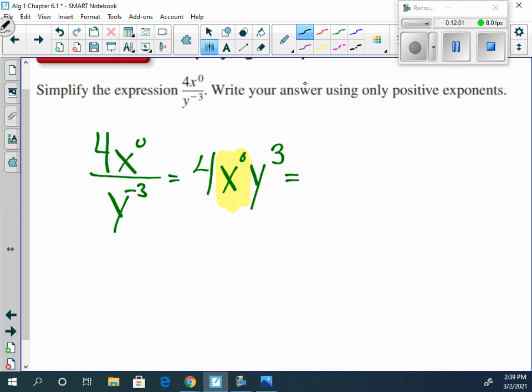What do we have? x to the 0. Anything to the 0 power is always 1, so this becomes 1. So we have 4 times 1 times y to the 3rd. Well, what is 4 times 1?